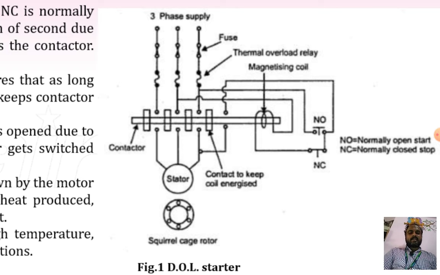Once the motor heats up, the thermal overload relay senses the temperature of the motor and gives a signal to the magnetizing coil, which is the relay coil. The contacts then open and move away from the supply contacts, so that we can protect our induction motor.